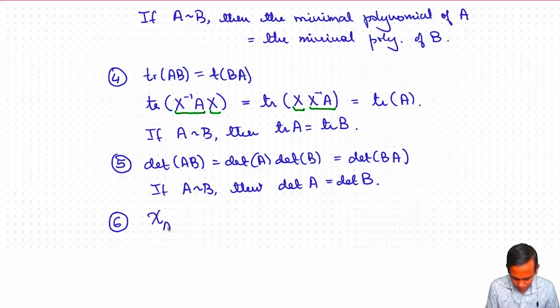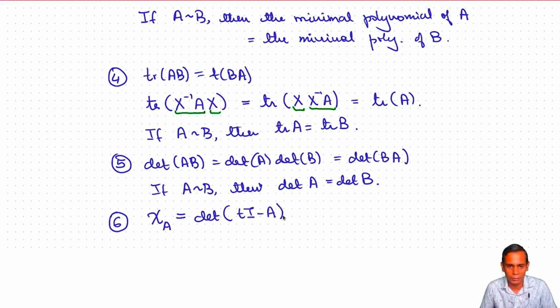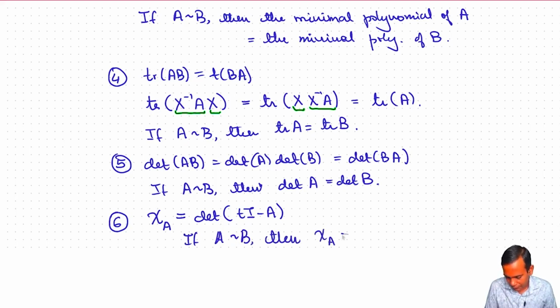Recall that the characteristic polynomial of A is defined to be the determinant of tI minus A. So this is a matrix whose entries are themselves polynomials in t. But if A is similar to B, then the matrix tI minus A is similar to the matrix tI minus B. And so you can show that if A is similar to B, then chi A is equal to chi B.